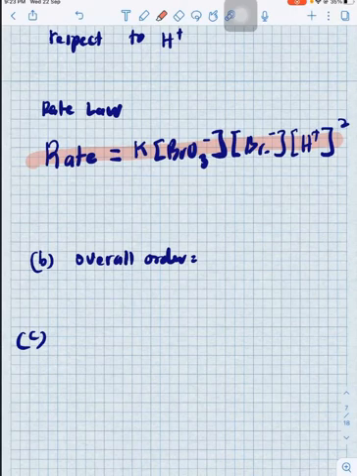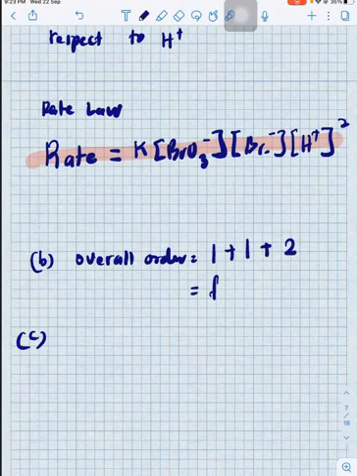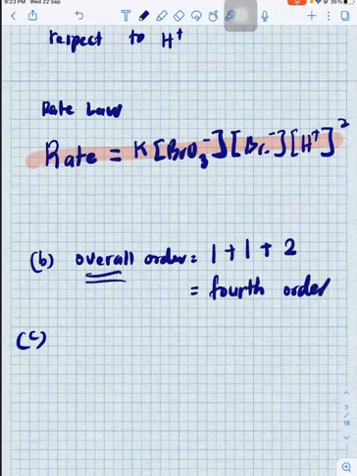Clear. Yeah, okay, madam. So if I ask you what is the overall order? Overall order dia berapa? Yes, 4. Sebab 1 campur dengan 1 campur dengan 2. So jawapan dia adalah fourth order. Because we are talking about overall order kat sini kan. Fourth order jawapannya.